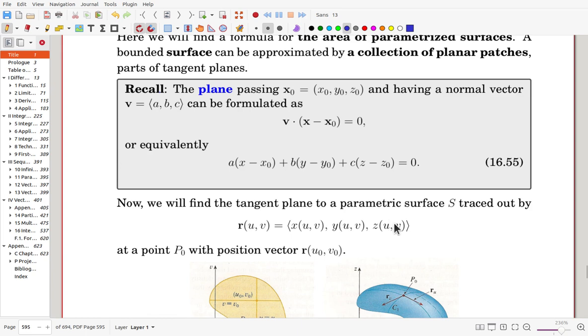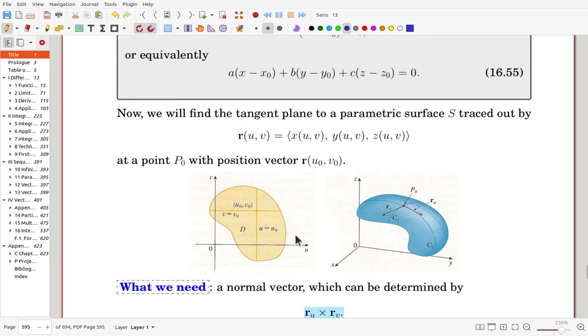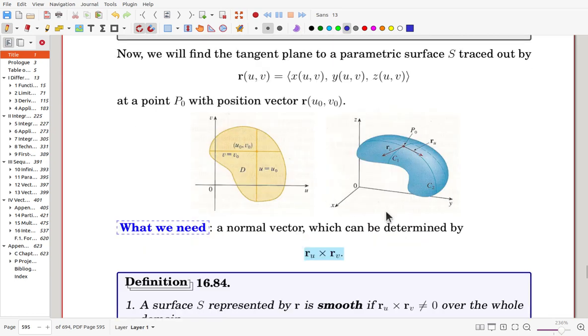Now, we'll find the tangent plane to a parametric surface given by this transformation. Here, if you consider R sub u and R sub v, then they are your tangent vectors, so that the normal vector can be obtained through the cross product of these two vectors.